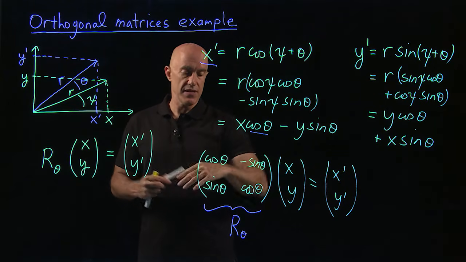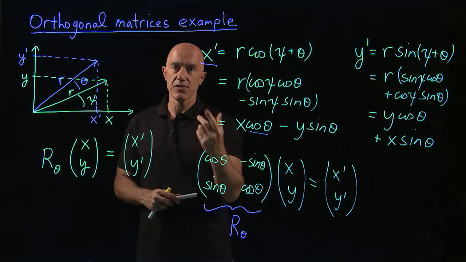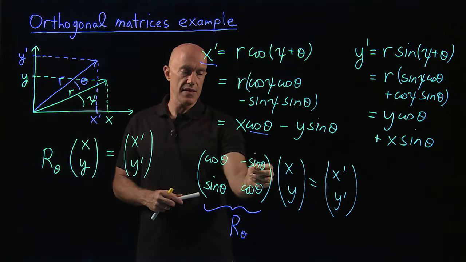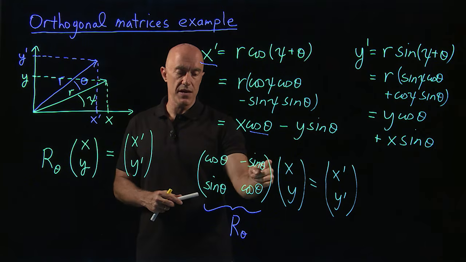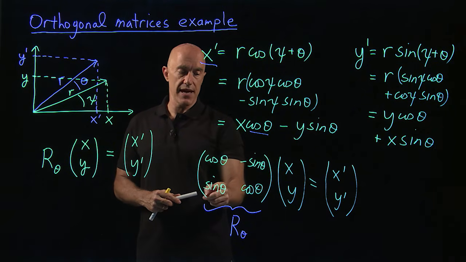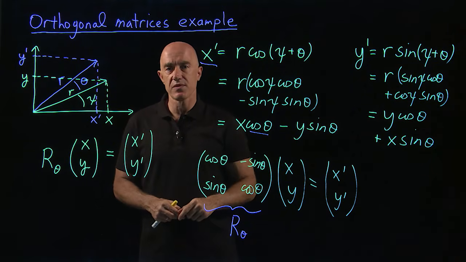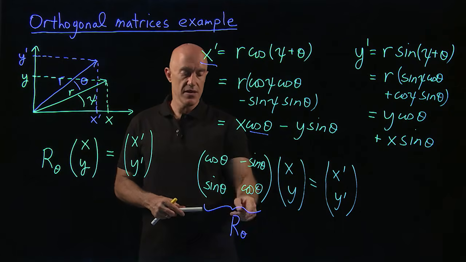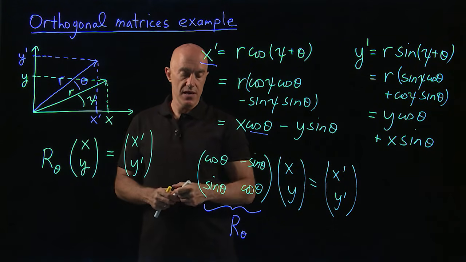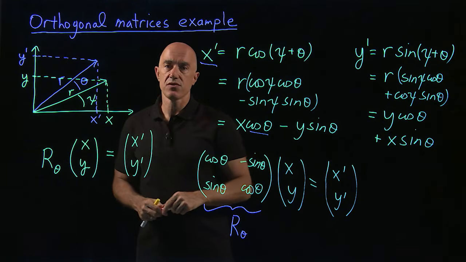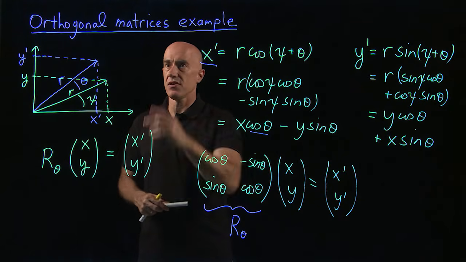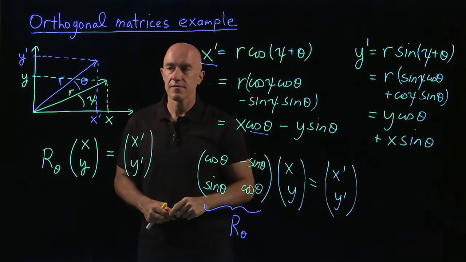So the inverse matrix changes theta to minus theta, and then you get plus sine theta up here, minus sine theta down here. That's just the transpose matrix, right? So R theta inverse is equal to R theta transpose. That's the definition of an orthogonal matrix.